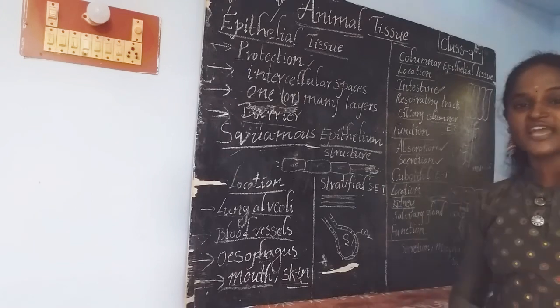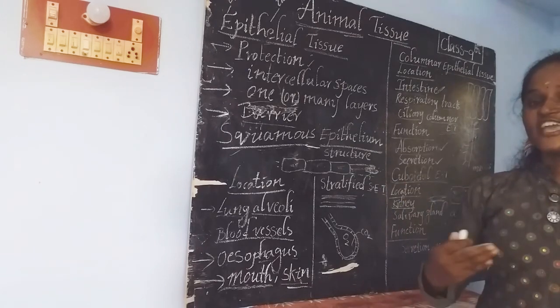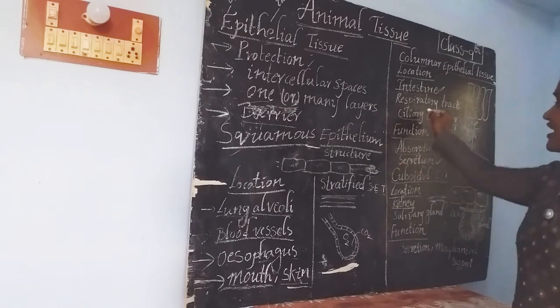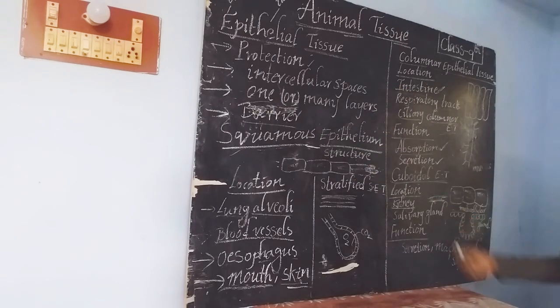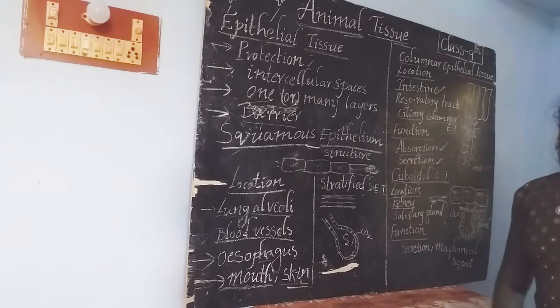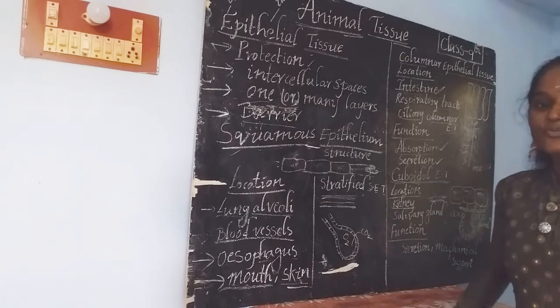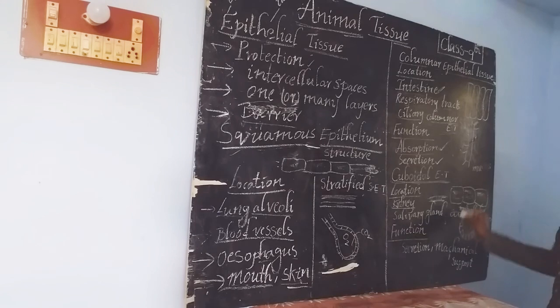And where are we able to find such a variety of tissue? Inside our respiratory tract. If we talk about the last epithelial tissue, that is cuboidal epithelial tissue. Cuboidal epithelial tissue contains cells which appear like cubes.